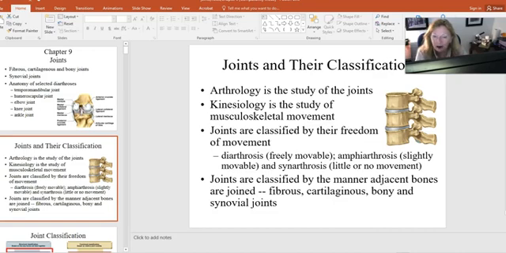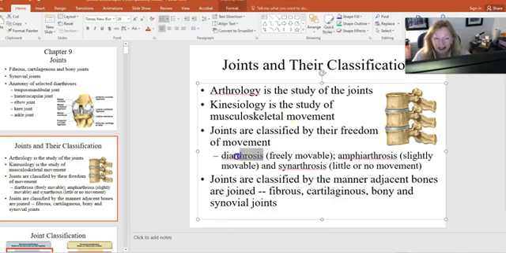They are classified based on their movement, and so there are some terms that we would want to know and understand. A diarthrotic joint is a joint that has free movement. Most of the ones that we think of that are diarthrotic are what we call the synovial joints, where we see lots of movement. The movement is actually visible to us.